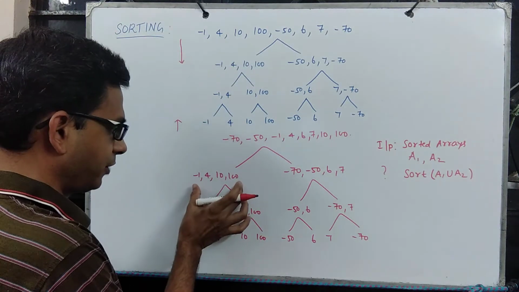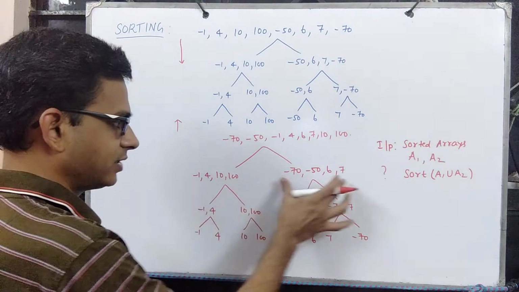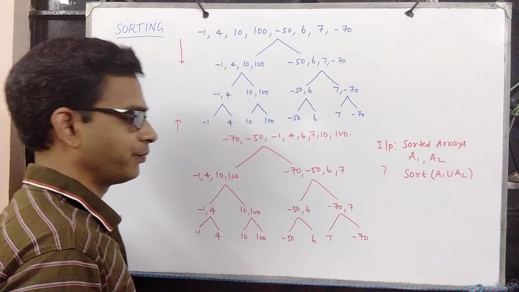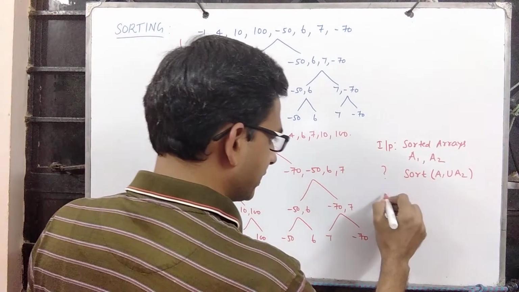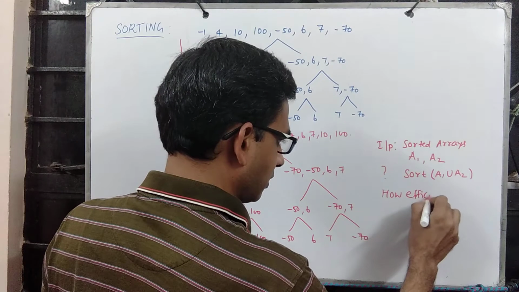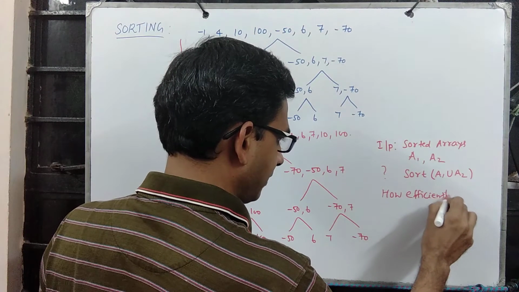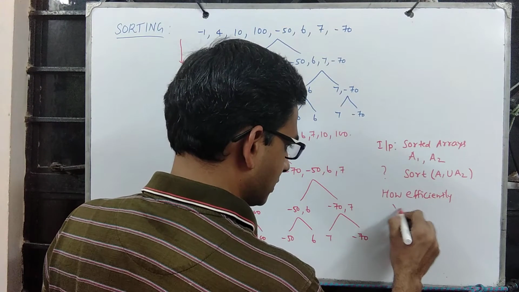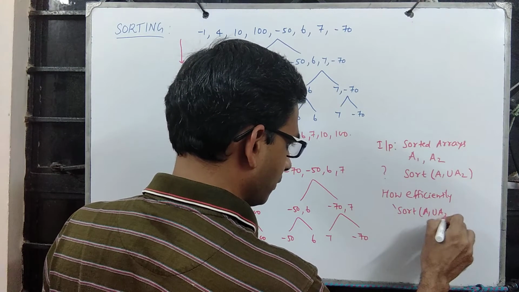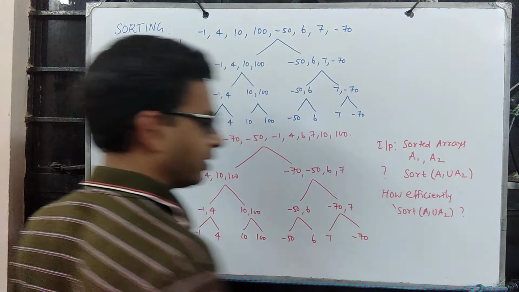That's precisely what we are doing, right? This is sorted, this is sorted. Now we are sorting A1 union A2. How efficiently can we do this, or what is the complexity of this? So how efficiently can this sort of A1 union A2 be computed.